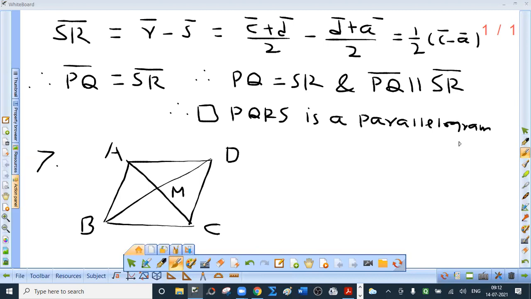Therefore, AB equals DC and side AB is parallel to side DC.